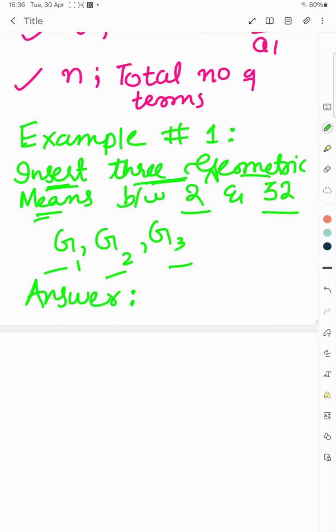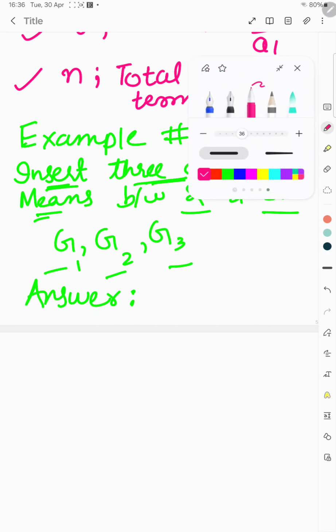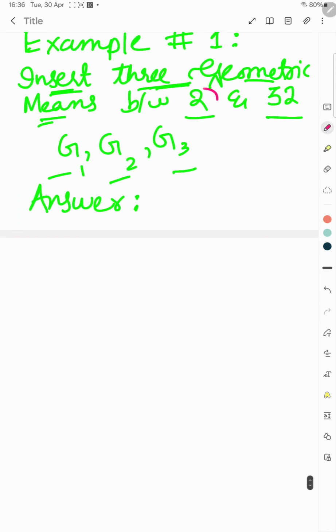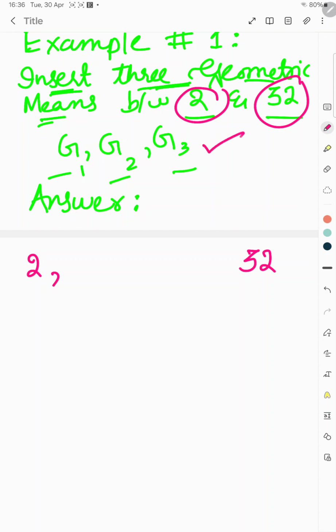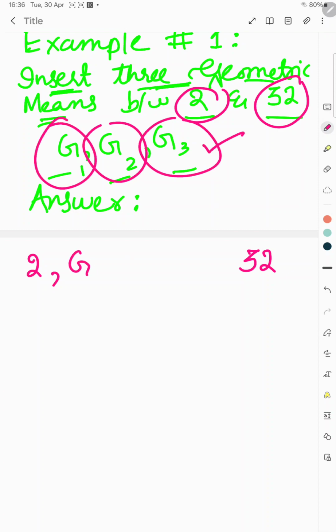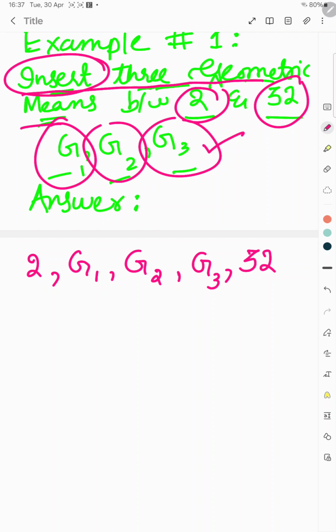So I will make the sequence as the starting point is 2, ending point is 32, and I have to insert 3 geometric means between these two numbers. So it will be G1, G2, G3.